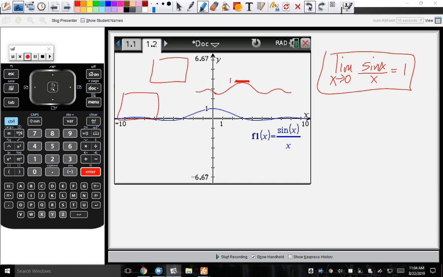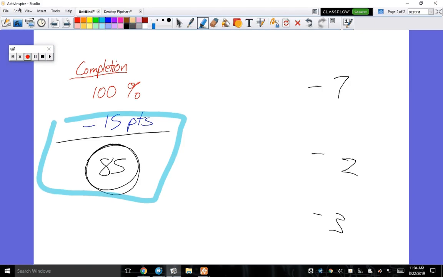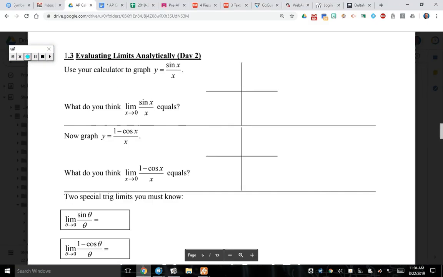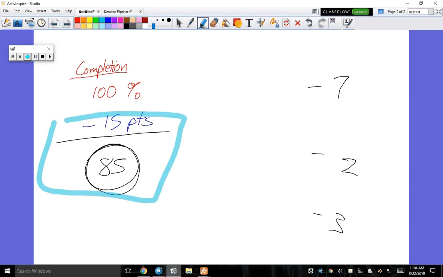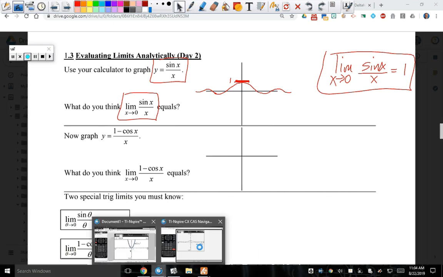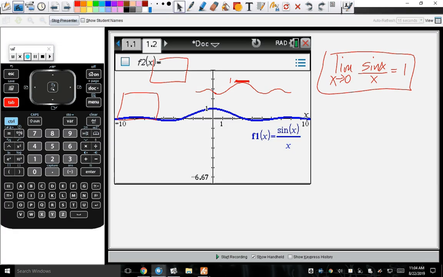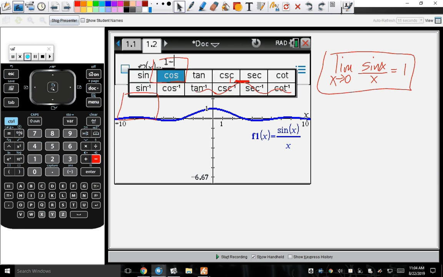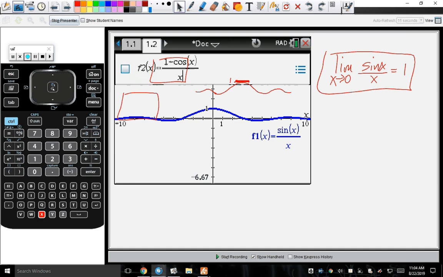So now let's go back and put in our other one, 1 minus cosine of x over x. Press tab, control divide, 1 minus cosine of x over x, and I get this red graph.